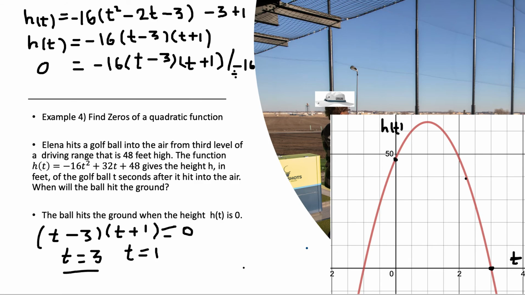So it means the ball takes 3 seconds to hit the ground. This is the answer for our example. When Elena hits the ball, and the pathway of the ball goes according to this parabola, it takes just 3 seconds to hit the ground.